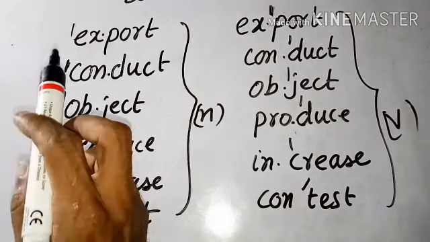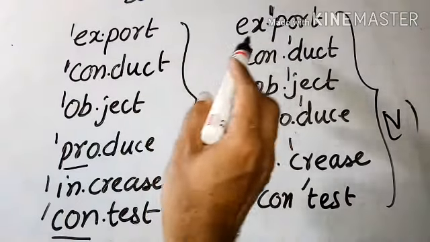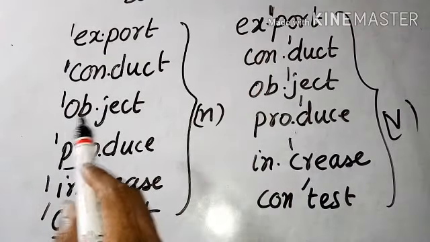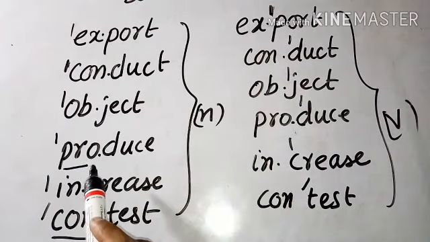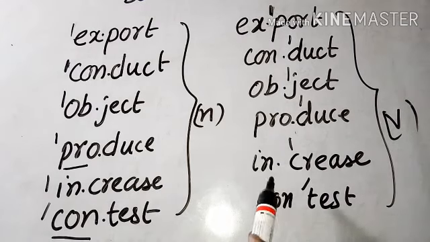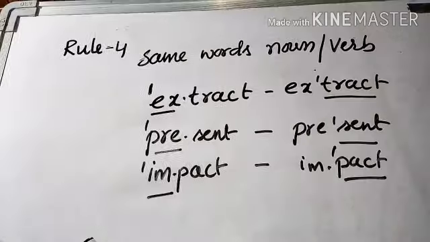Once again, you see all these sounds. Export, conduct, object, produce, increase, contest. This is the difference between the pronunciation of the noun and the verb when the word acts in both cases.